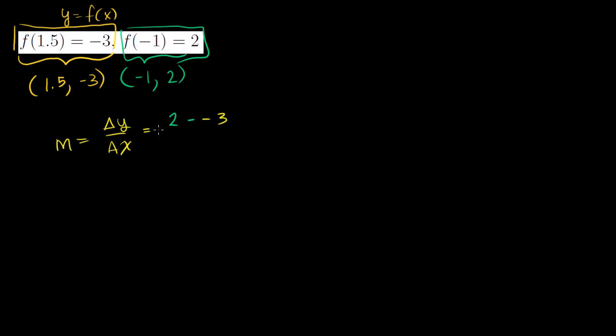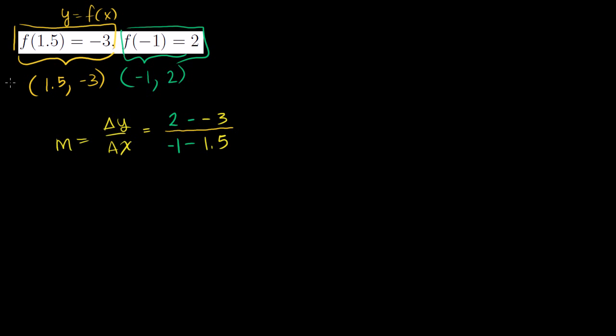These are the y values, all of that over negative 1 minus, negative 1 minus that guy, minus 1.5. I do the colors because I want to show you that the negative 1 and the 2 are both coming from this. That's why I use both of them first. If I use the 2 first, I have to use the negative 1 first. That's why I'm color coding it.